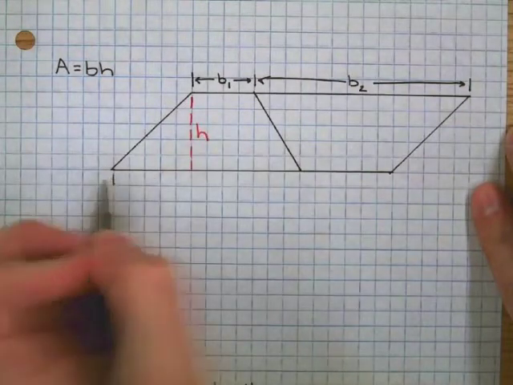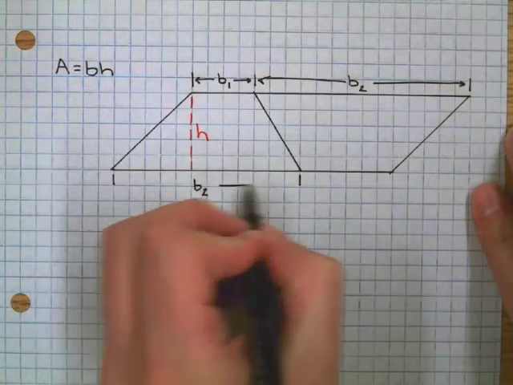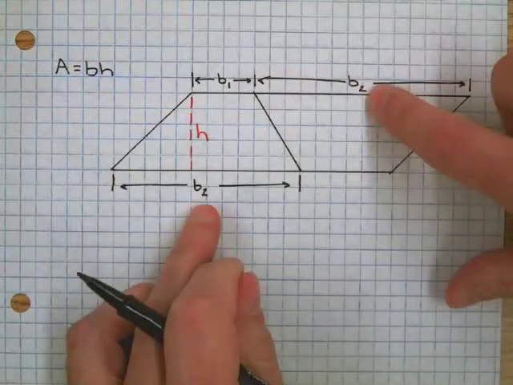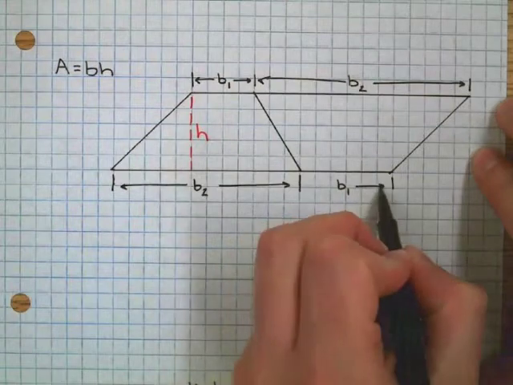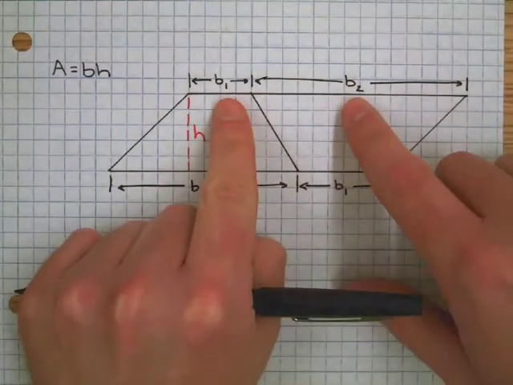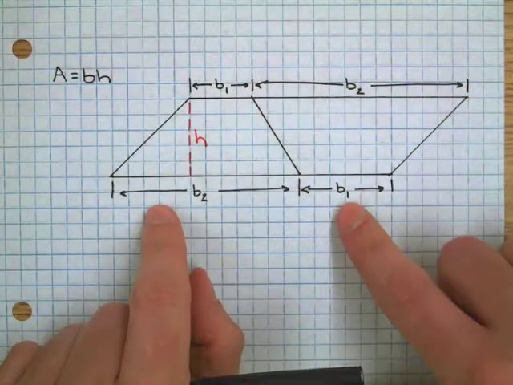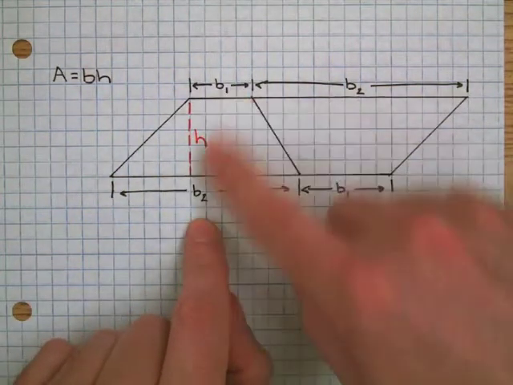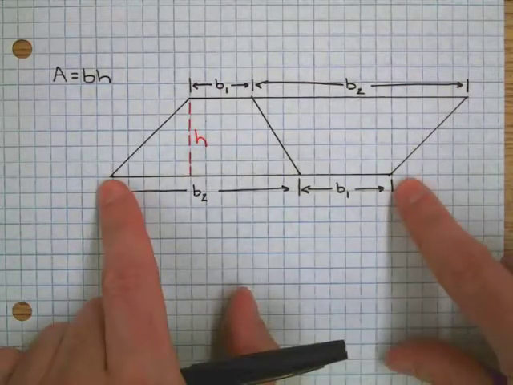So let's take a look down here. If I take this, I'm going to call this base 2. It's equivalent to this base 2 over here. And base 1. Now if we know that the base 1 and the base 2 here are the entire base of that parallelogram, and it's equal to this entire base down here, then we know that base 1 plus base 2 here is equivalent to this entire length here.